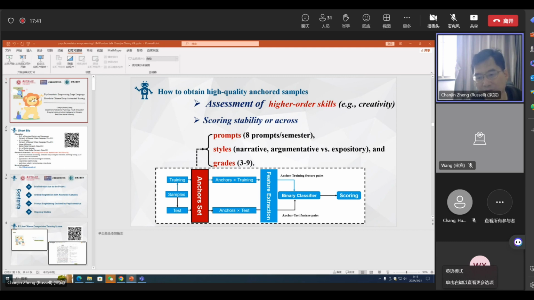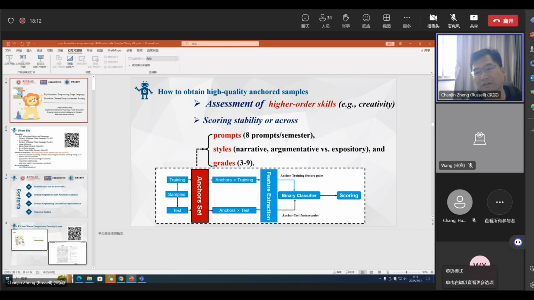Because of different styles, teachers are so concerned about what is right for narrative essays and what is right for argumentative essays. So can you give us evidence for scoring stability over different grades? Because we cover grade 3 to grade 9, which concerns the headmasters and the expert teachers.